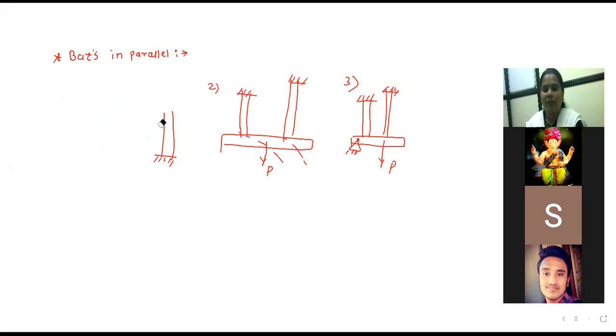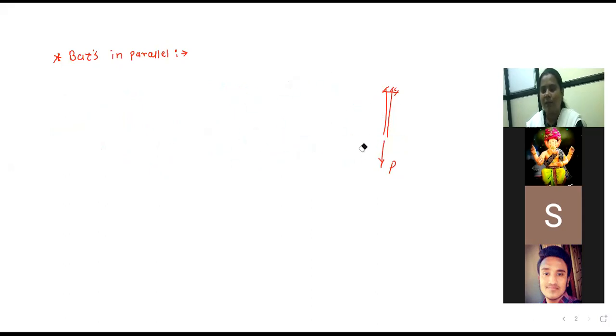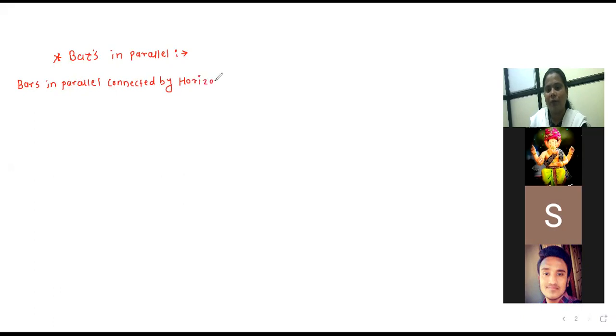Please write down the heading: bars in parallel. In that, the first type: bars in parallel connected by a horizontal rigid rod.